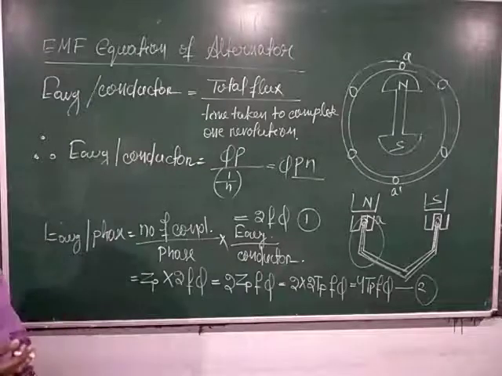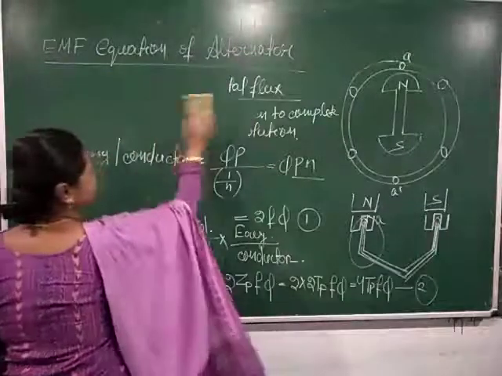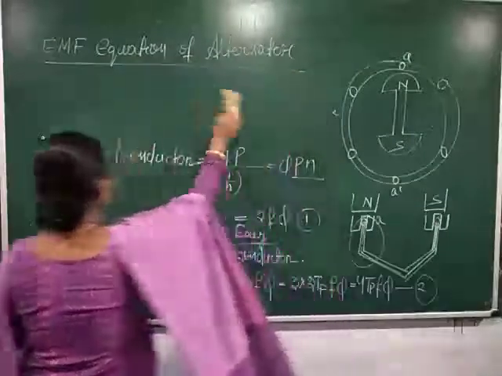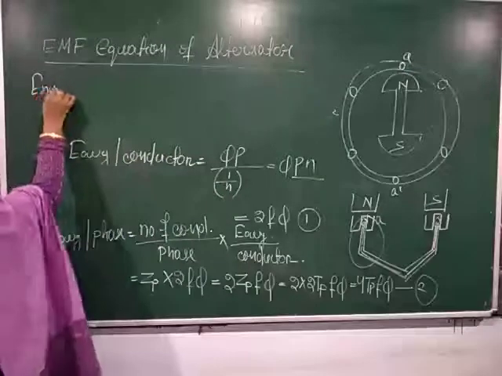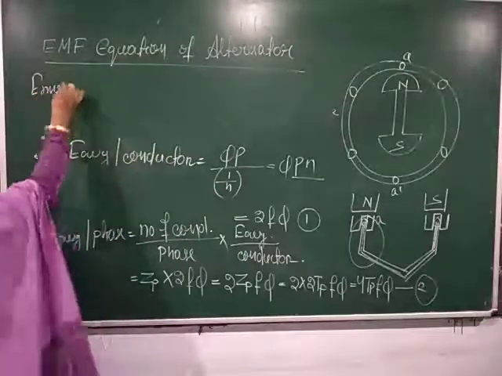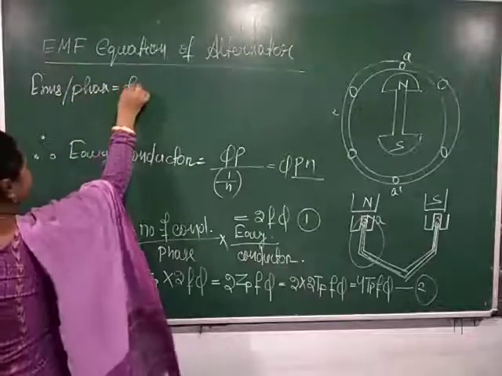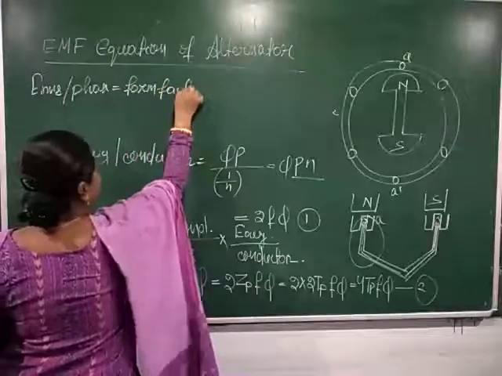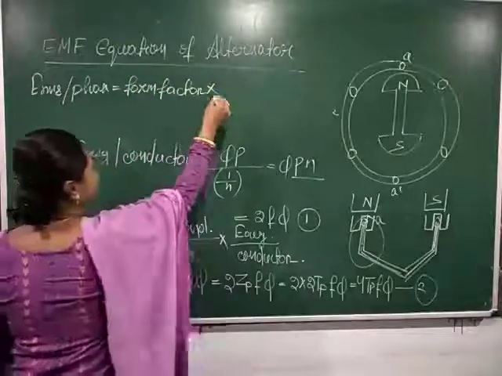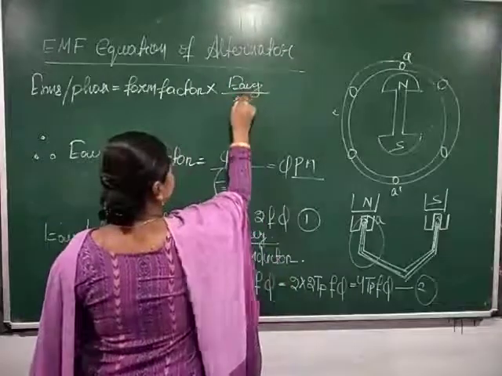So the RMS value per phase is equal to form factor into average value per phase.